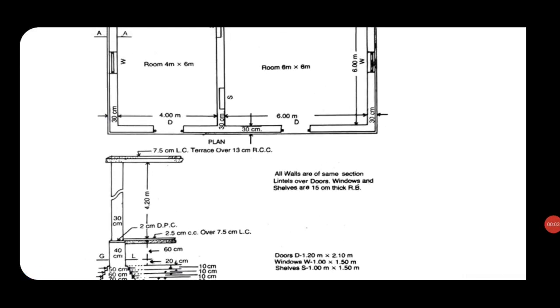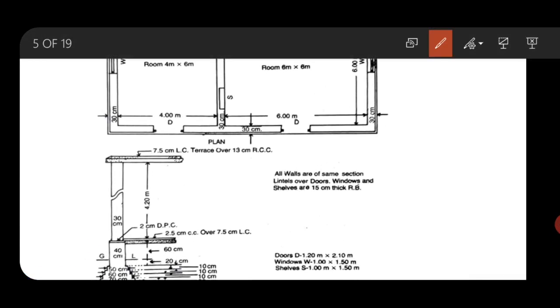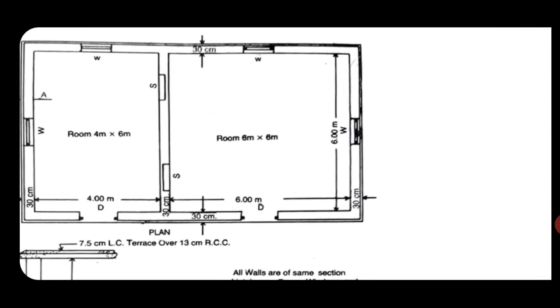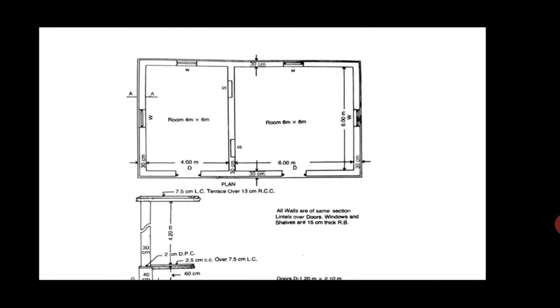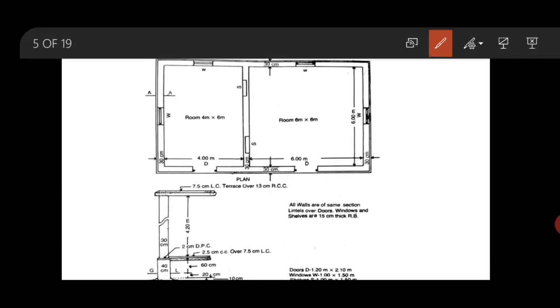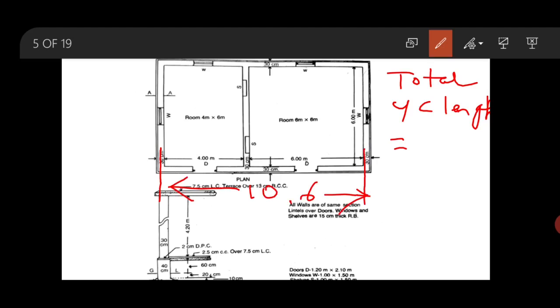So total center to center line length for this particular case will be equal to, in this case, on this side the center to center length of the wall is 10.6 and on this side the center to center length is 6.3.